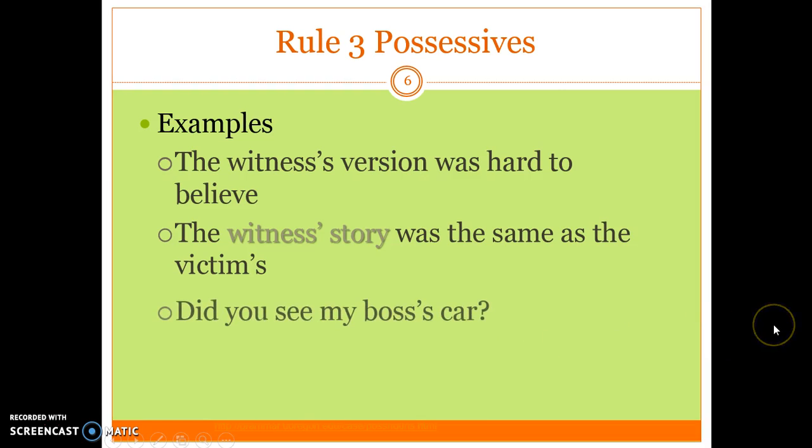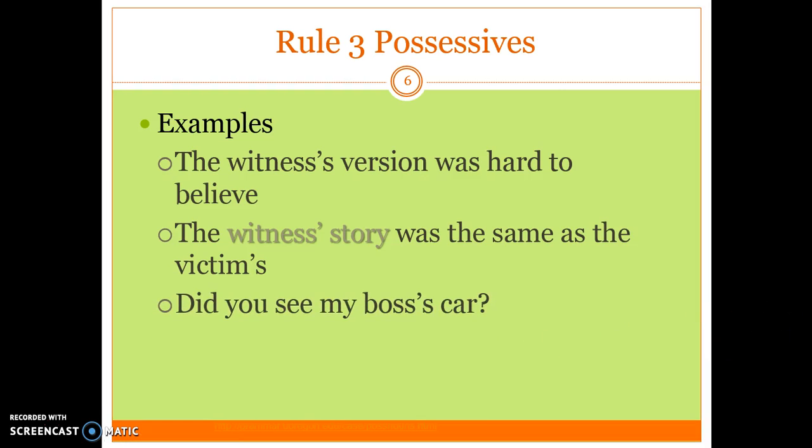Here's another one. Did you see my boss's car? Here it is, B-O-S-S, apostrophe S. The reason why you're putting apostrophe S there is because you have to enunciate another syllable to show the possession.